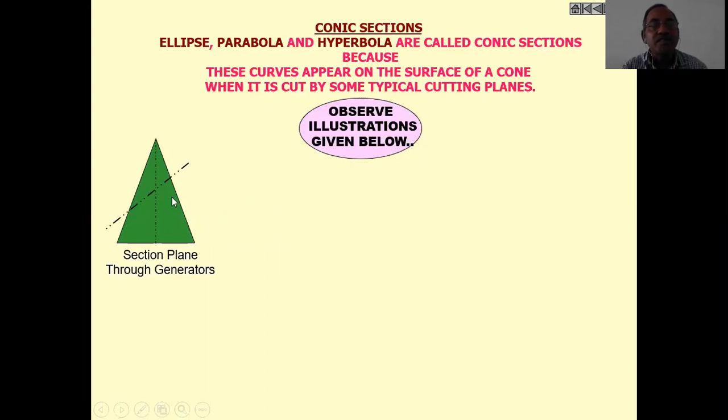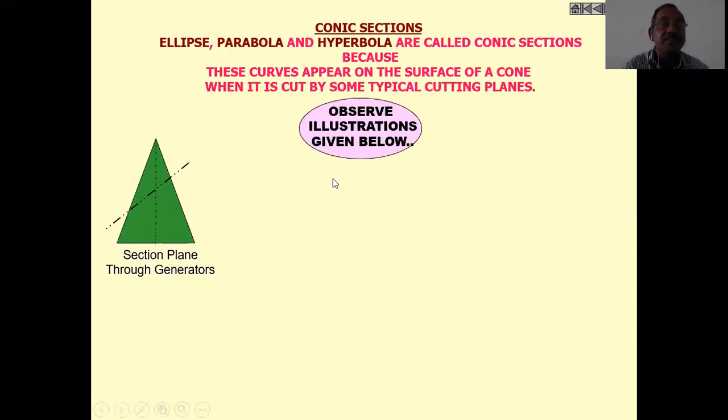Here alpha is greater than theta but less than 90 degrees. Then we get this: the upper part is removed, and the new shape appearing on the remaining solid is called the conic section, namely an ellipse. So an ellipse is obtained when alpha is greater than theta but less than 90 degrees.